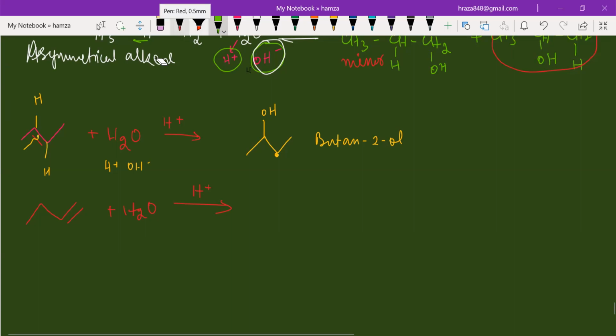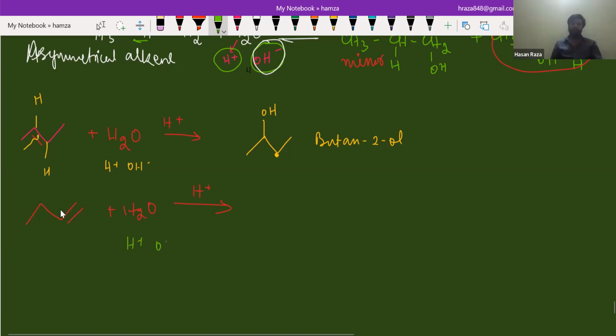Yes, sir. So what you need to do, H2O will be H plus and OH minus, and this bond will be broken. And since it is asymmetrical, there will be a possibility of two products. One will be major and one will be minor. The major product will be formed in accordance with Markovnikov. And what does Markovnikov say?